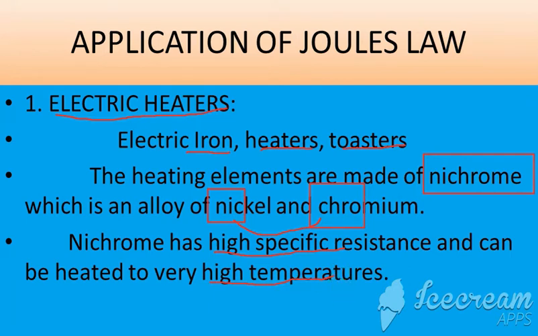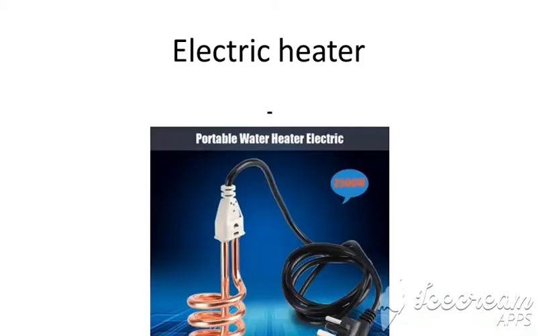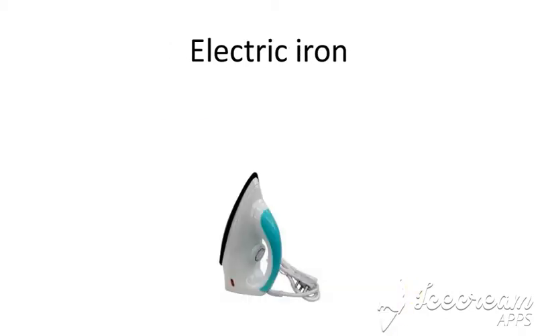So these are the properties of nichrome. This Joule's law is used in electric heaters, and those heaters are made up of nichrome. Yes, we have some diagrams of this: electric heater, electric iron, electric toasters, etc.